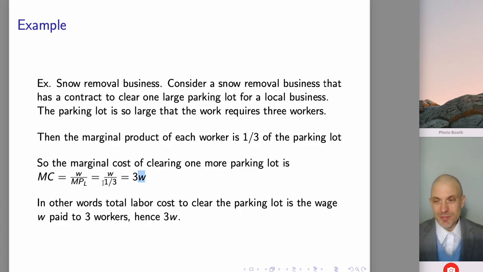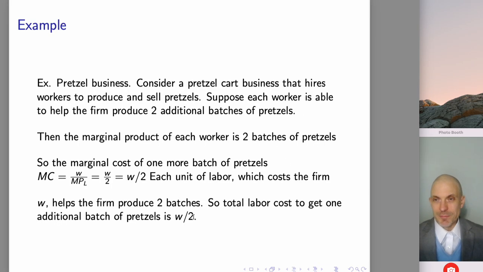Wage is just W. In this case, marginal product of labor was 1/3, so I'm going to incur 3W. Or if W is 10, like we've been using, then I'm going to incur a marginal cost of $30 to clear 1 more parking lot. In other words, the total labor cost to clear the parking lot is the wage W paid to 3 workers, hence the 3W.